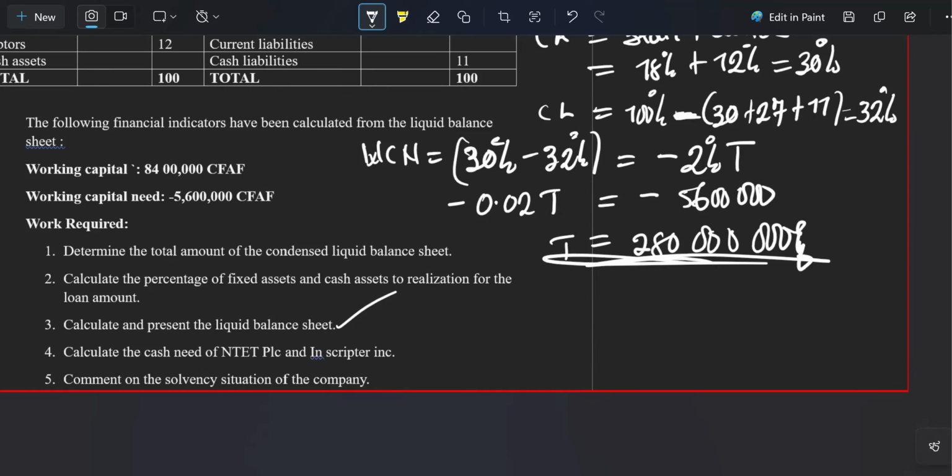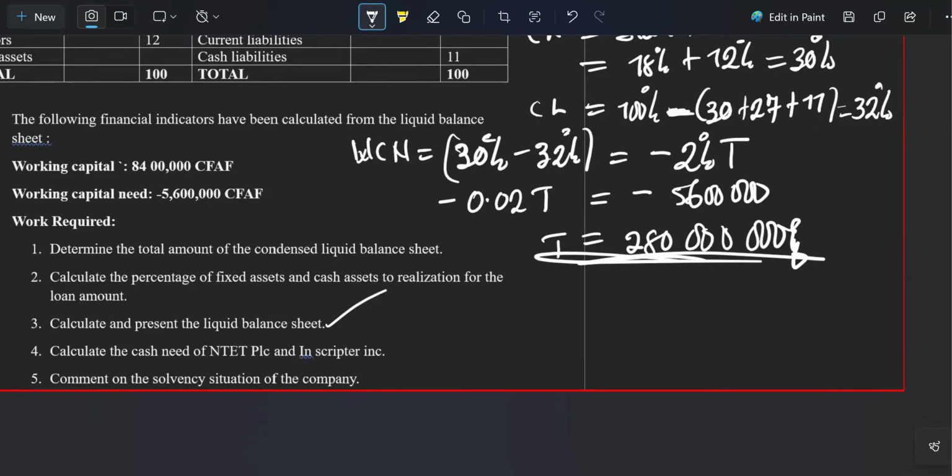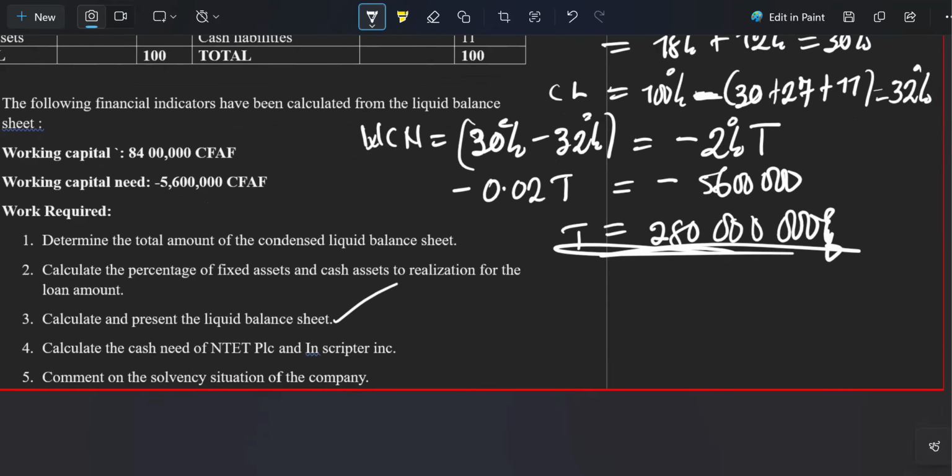And so let's go to calculate the cash need. So the cash need, let's do it here. To do that, cash need will be equals to cash asset minus cash liabilities.